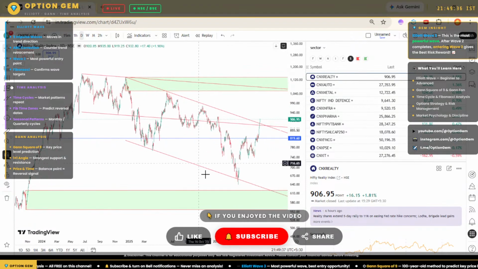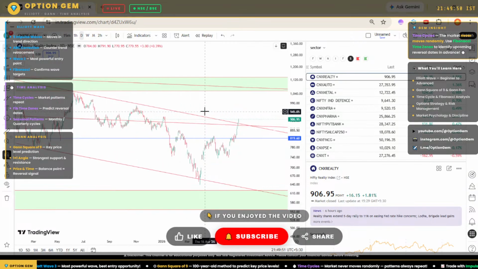We need to check whether it is going for a reversal, but if we check this timing and this timing, we need to be more conscious about the current zone as well.